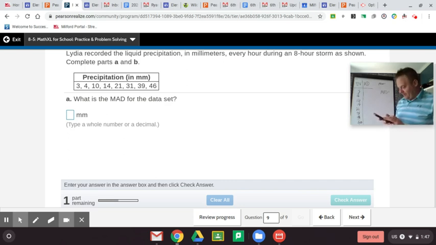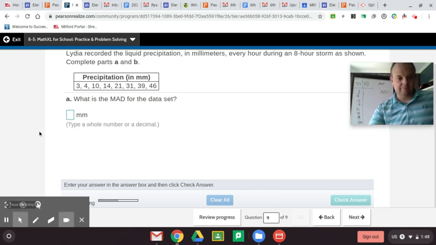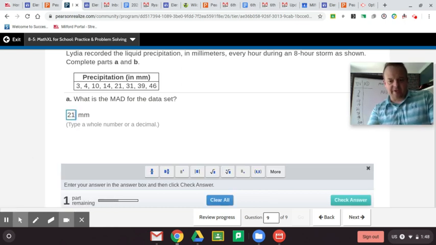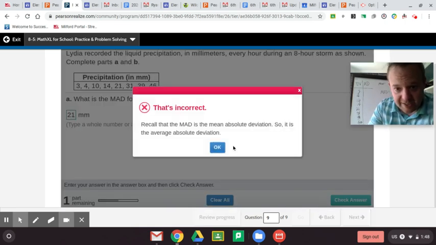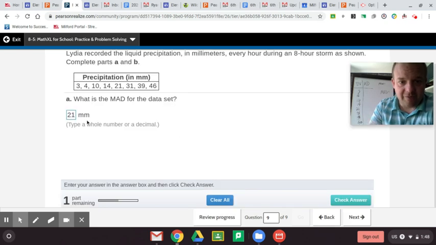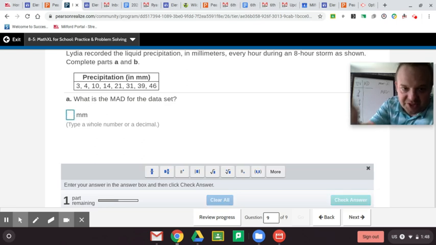I'm going to add them all up and divide by 8. I got 21 when I did that. The mean is 21, we're not to the MAD yet.